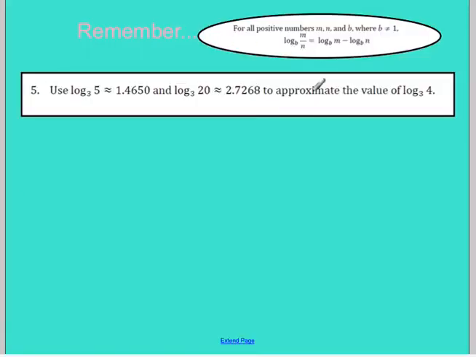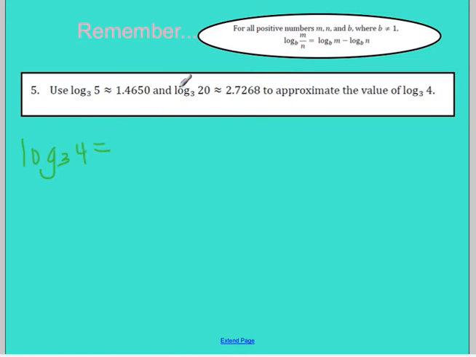So let's go ahead and do a problem similar to the first few on the front side. We know what log base 3 of 5 is and log base 3 of 20 is. We want to approximate the value of log base 3 of 4. So I have log base 3 of 4. What is that going to be equal to? Well, we can use the quotient rule, or we can use division.